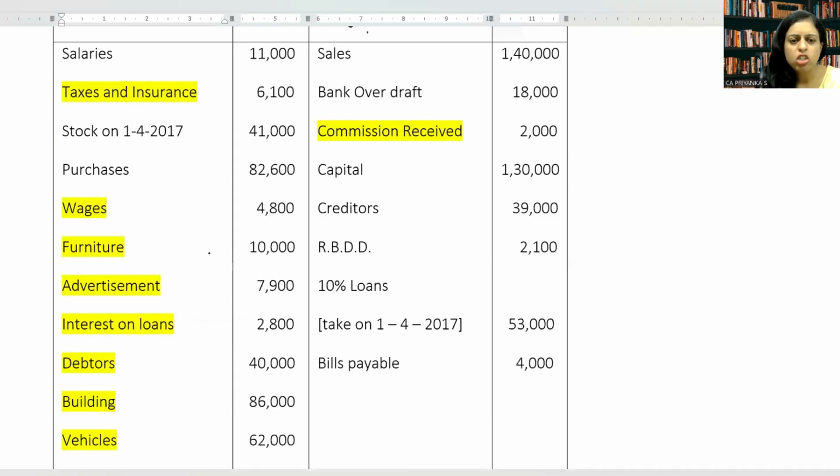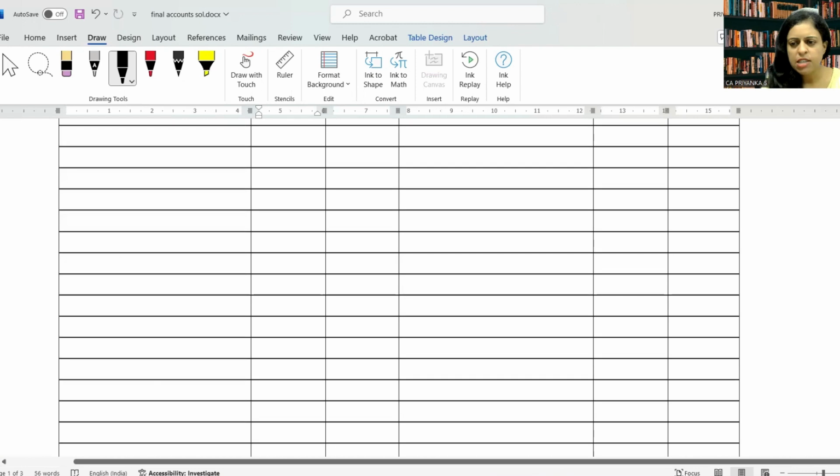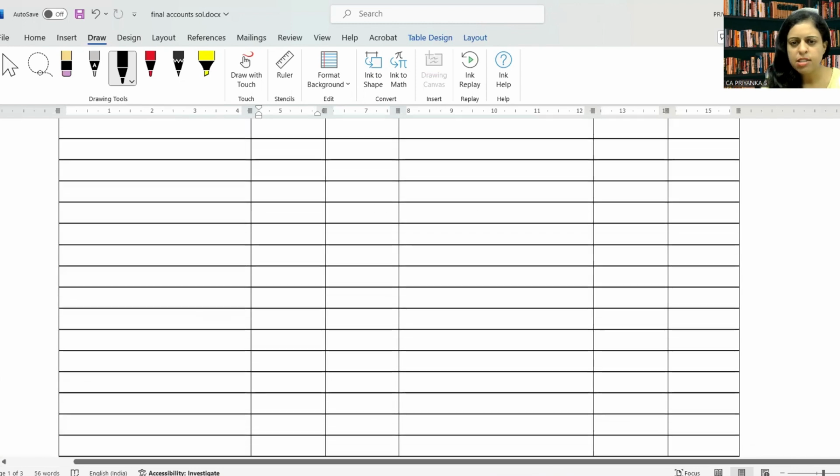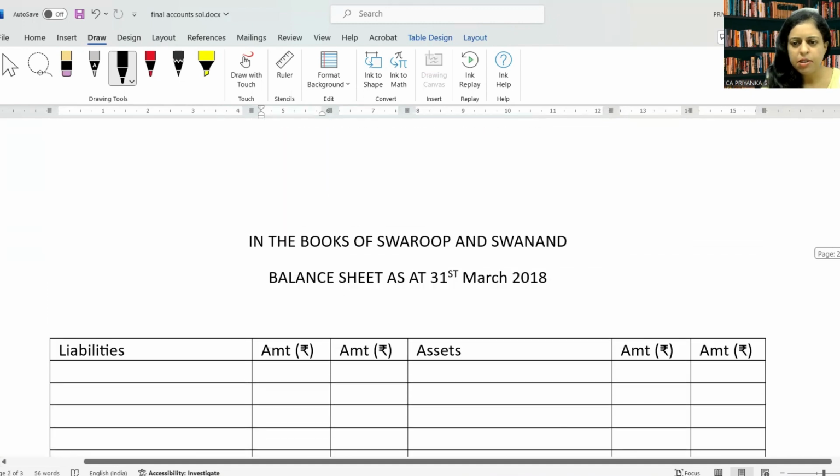Next one, furniture. Now, what is furniture? Is it an expense? No. Furniture is basically an asset. So it is a fixed asset. Fixed assets are written in the balance sheet asset side. I'm going to go to the balance sheet asset side. On the asset side, the first head I'm going to write here is fixed assets.